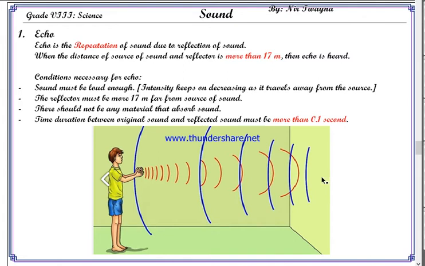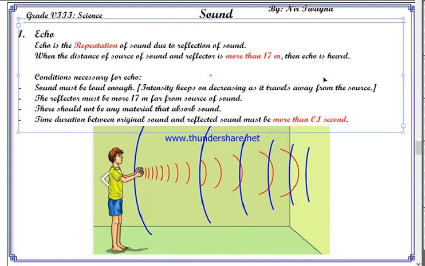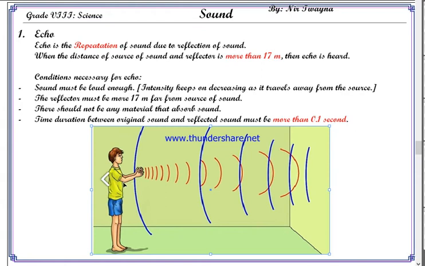If the reflector is more than 17 meters from the source of sound, then you can hear echo. Now if the boy moves closer to the wall, then you will not hear echo, but you will hear a reverberation. However, I'm assuming that there is a sound absorber at his back.